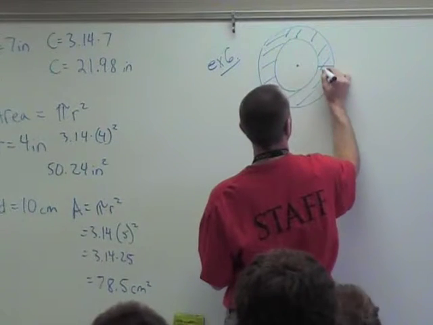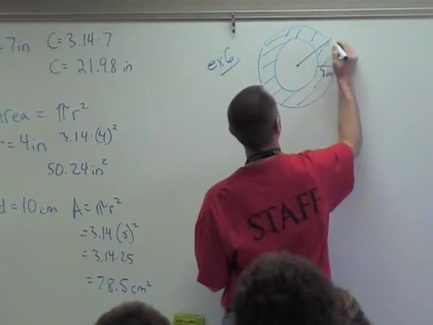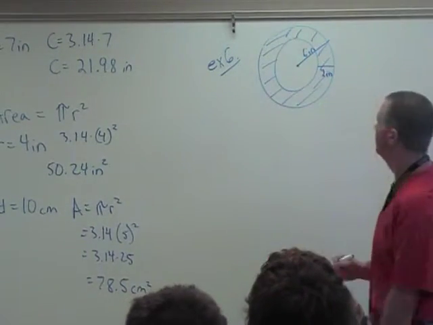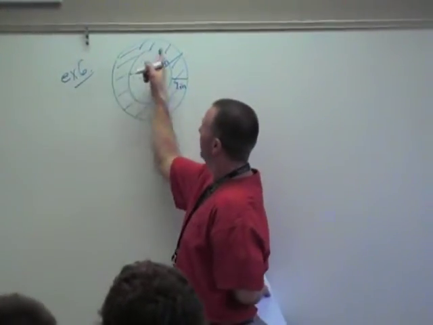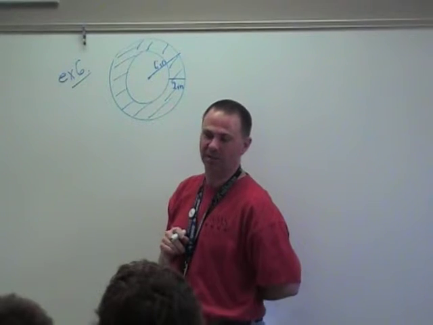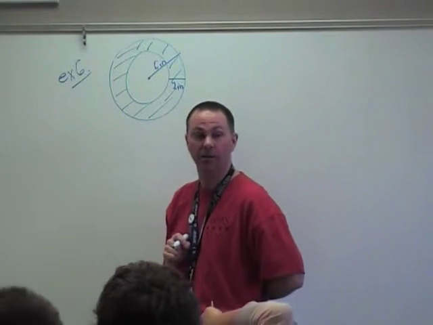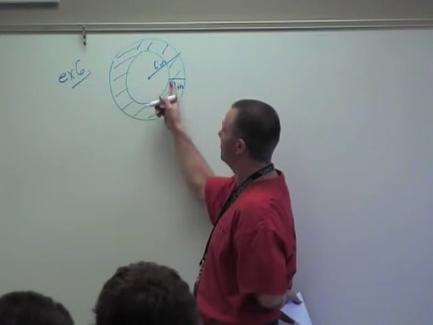This part is 2 inches. The radius is 6 inches of the whole circle. So, I want to know how you find the area of the donut, basically. The 2 is how wide the shiny part is on the rotor.